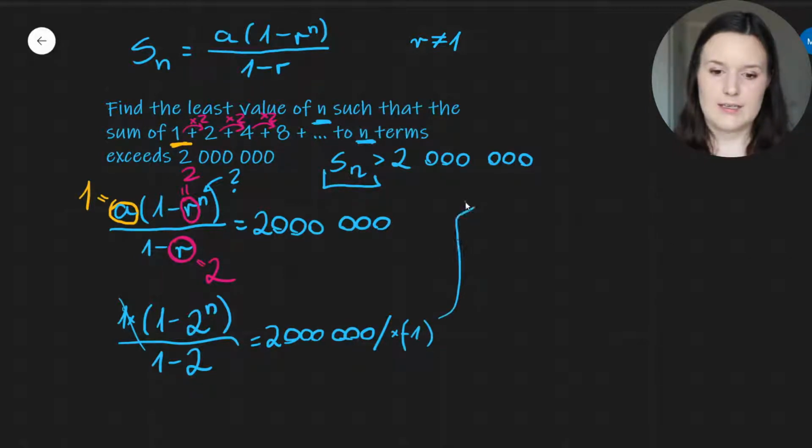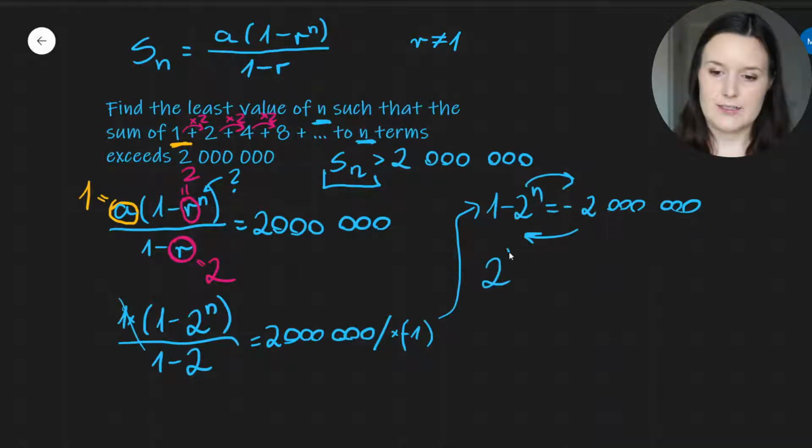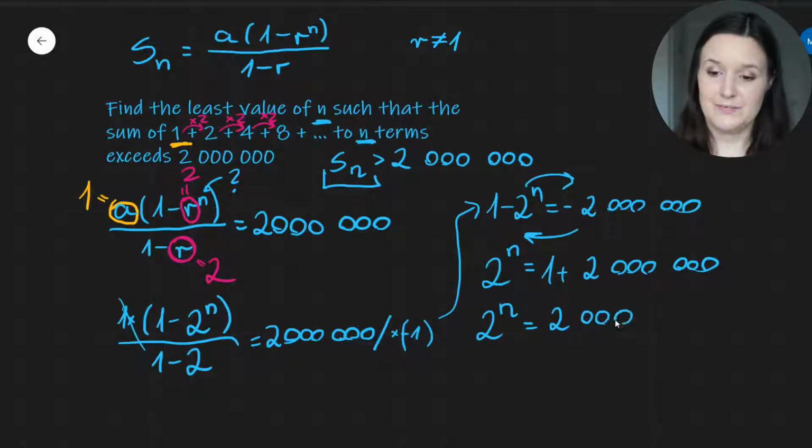I will get then 1 minus 2 to the power of n is equal to minus 2 million. I will move this here and this here, so I will get that 2 to the power of n is 1 plus 2 million. Which means that 2 to the power of n is 2,000,001.